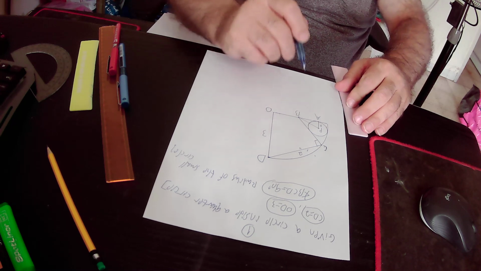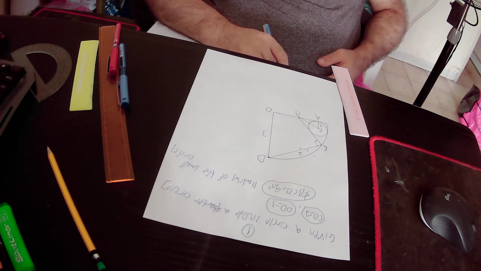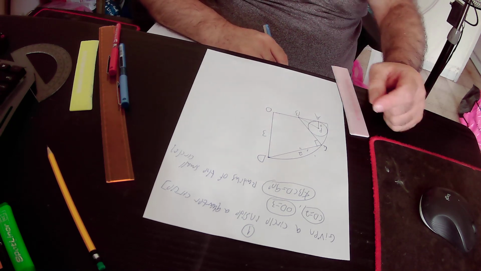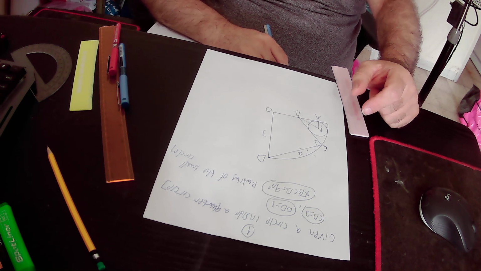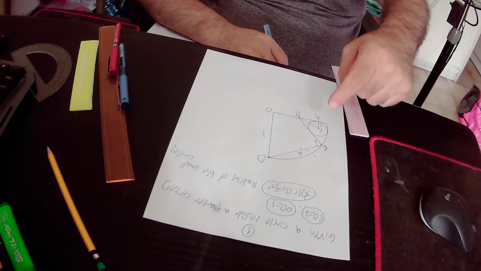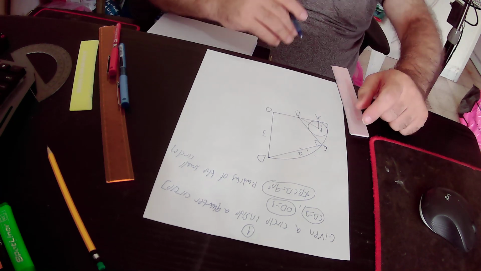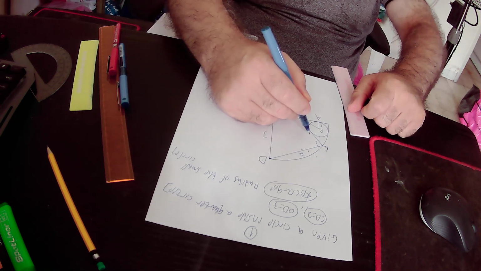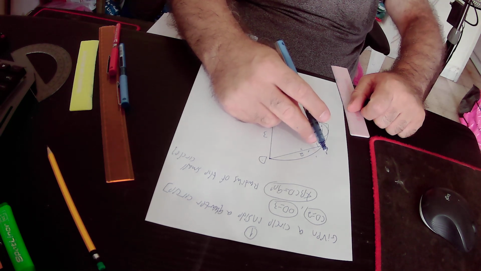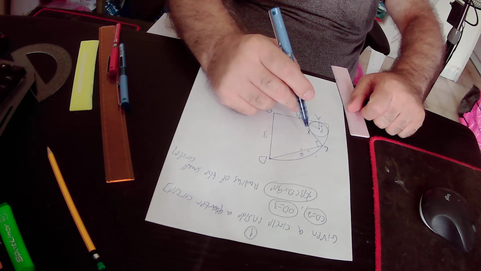And we will define the touching point between line segment CB and the small circle as X. X is the touching point between line segment CB and the small circle.